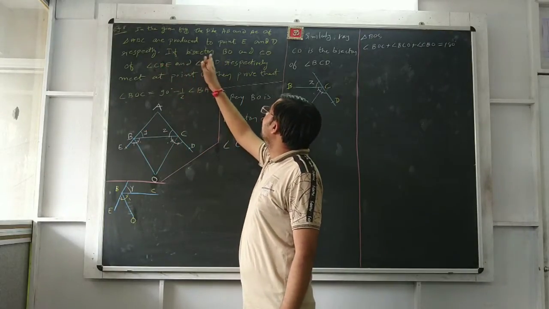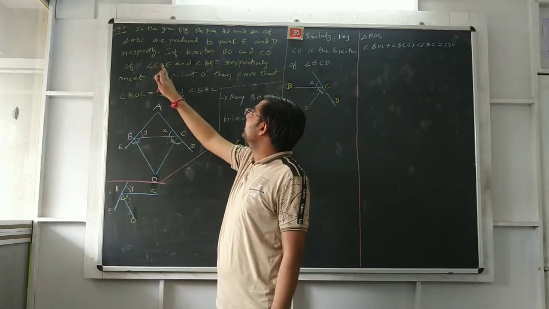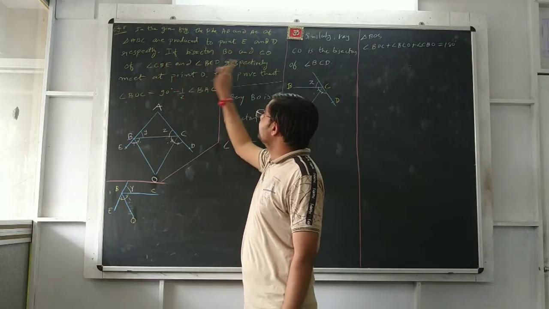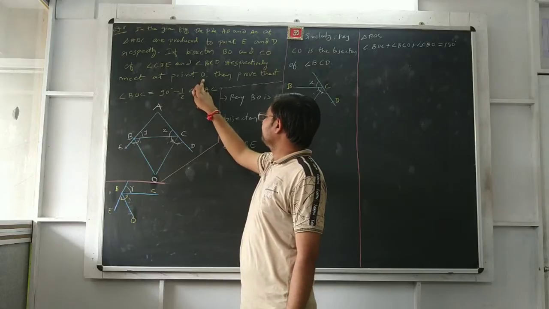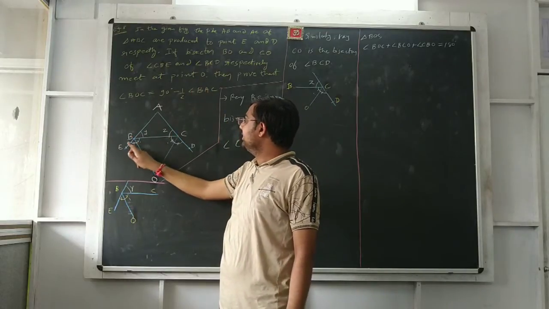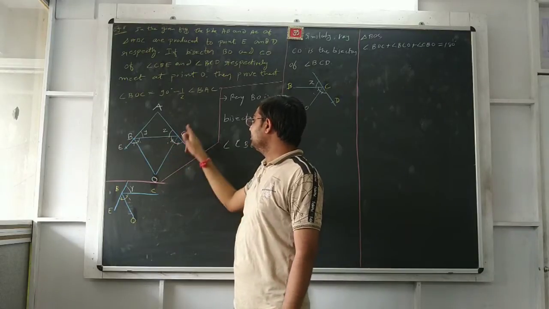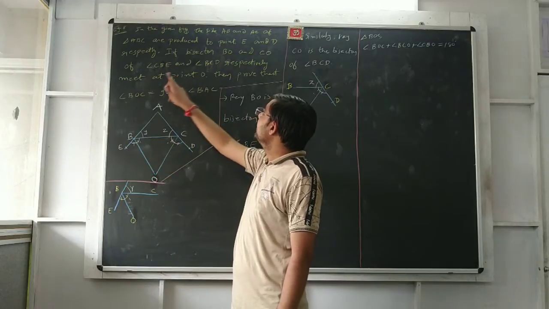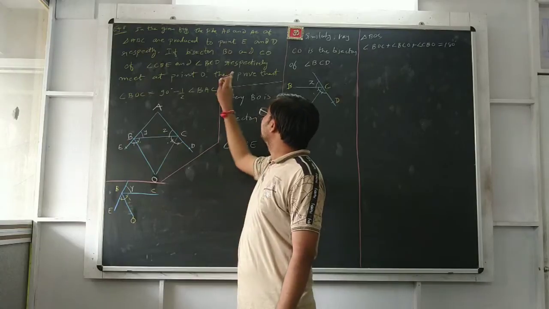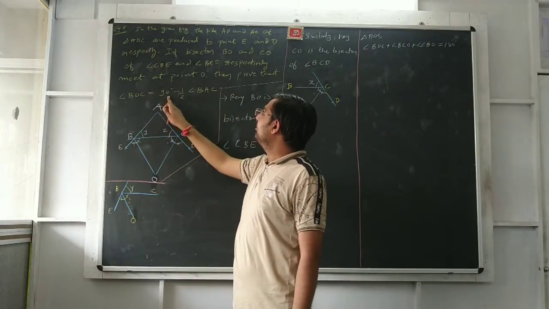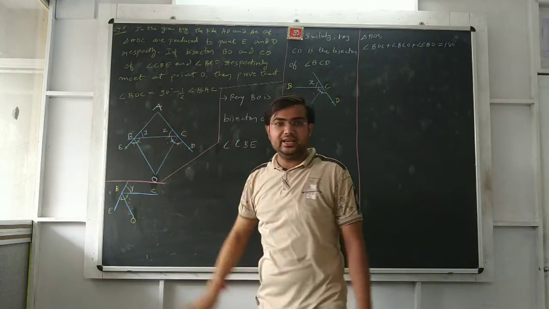If the bisectors BO and CO of angles CBE and BCD respectively meet at point O, prove that angle BOC is equal to 90 minus 1 by 2 angle BAC.